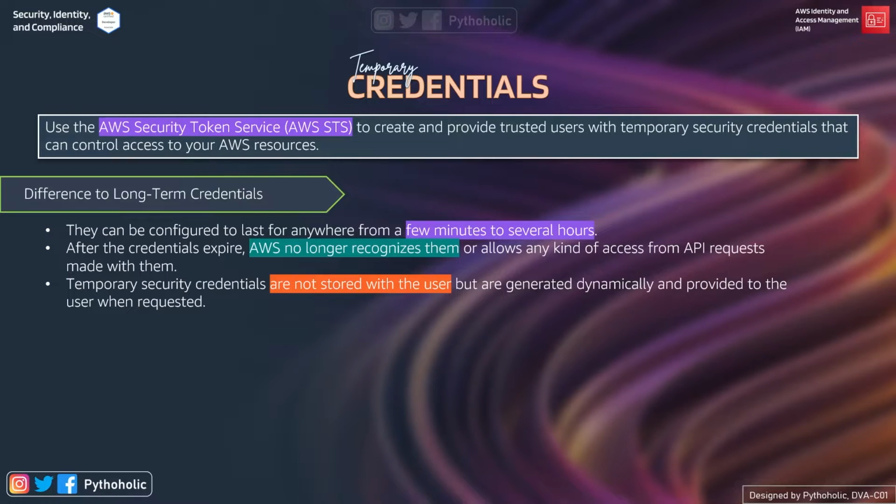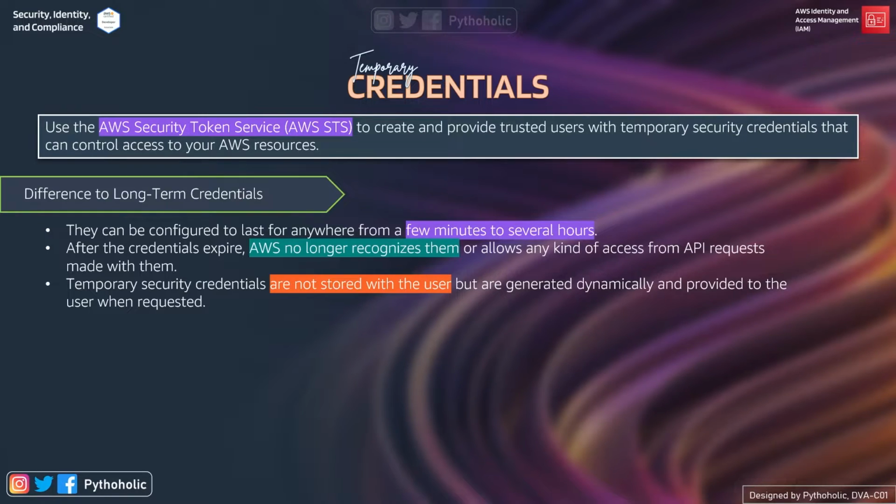The first point that we have here is they can be configured to last for anywhere from a few minutes to several hours. Now, I think this is the best way to implement a secure environment, but there are other good ways. But this is a very good way because you don't have to worry about a credential expiry. Secondly, after the credentials expire, AWS no longer recognizes them or allows any kind of access from API requests made with them.